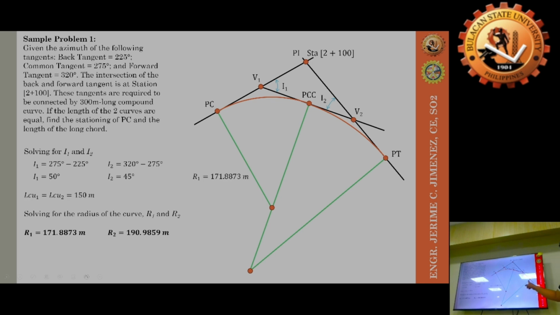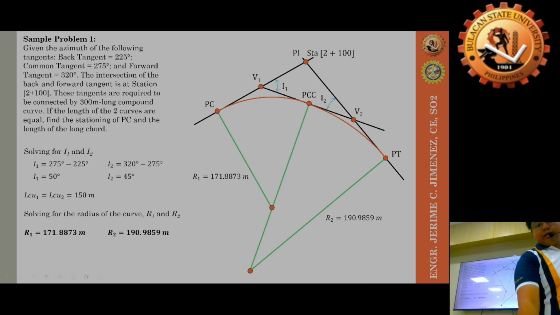From PT, papunta sa point of origin, that will be your radius sub 2. Okay ba tayo? Okay pa naman.